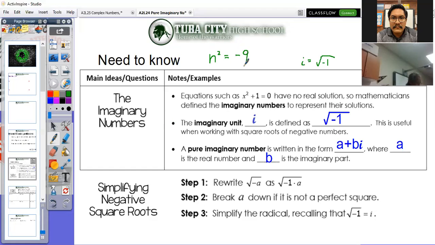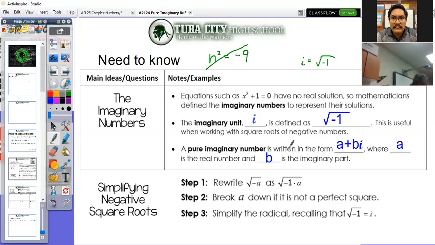Wait, hold on a minute. -3 times -3 would be +9. So you would not be able to get -9. That's why this is considered an imaginary solution. It's not necessarily a no solution, because there's kind of a solution, but I'll try to explain why we call it imaginary in a bit.